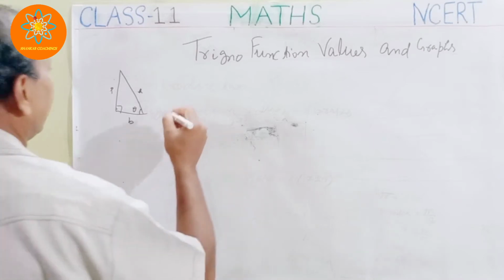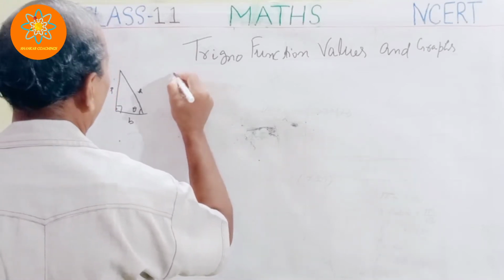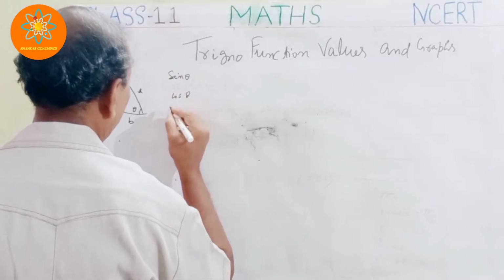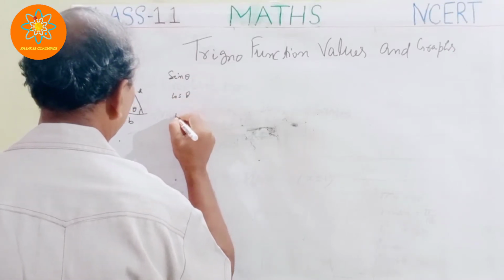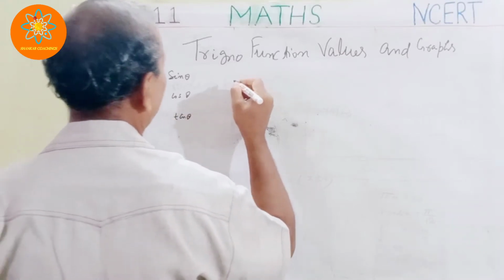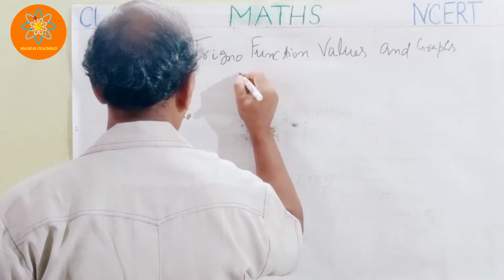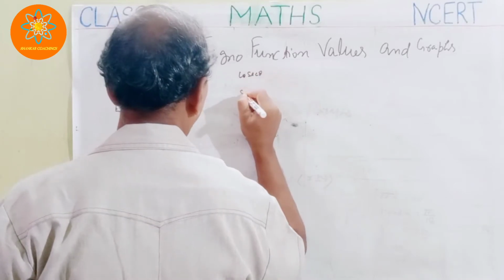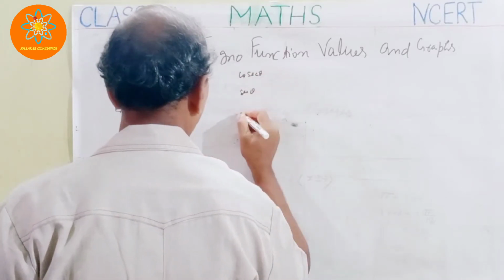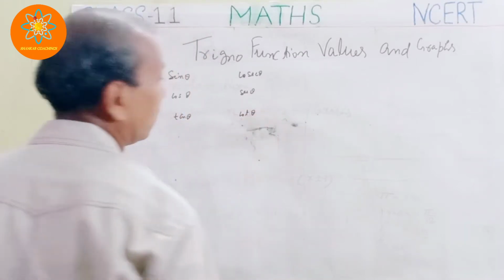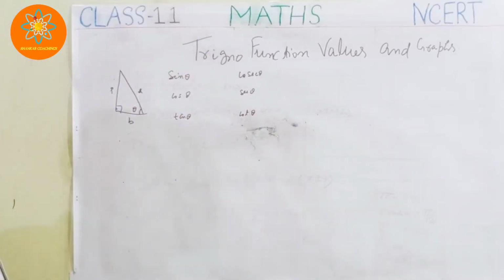I will define these terms: sine theta, cos theta, tan theta, cosec theta, sec theta, and cot theta. This is the right angle triangle, and theta is the acute angle.